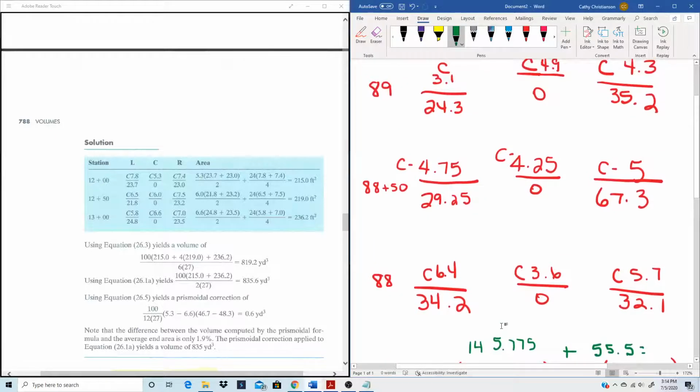Alright, so here's my cross sections for area in the middle. So I've got to do my area in the middle next. I'll see right there, I got a problem. Must have not divided by 2.